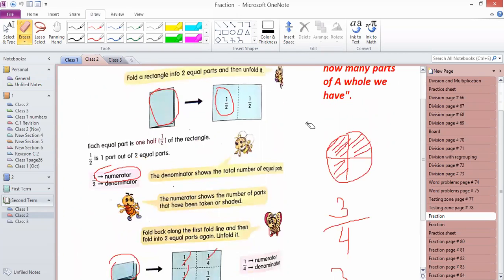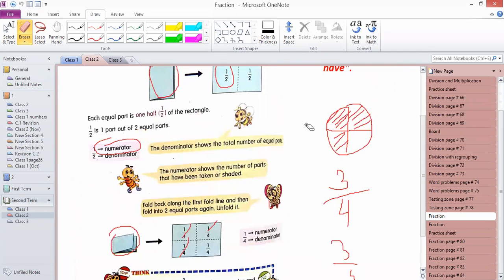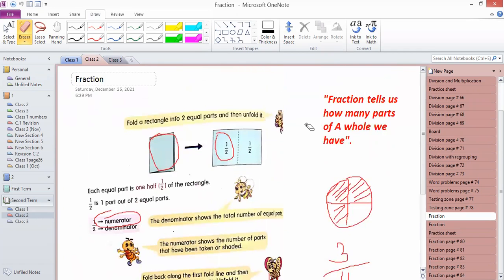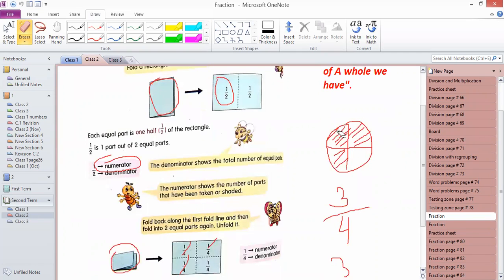In fraction, we have studied that when we divide anything into equal parts, each portion of that equal part is one of our fraction. So fraction tells us how many parts of a whole we have. If you divide, let's suppose, a circle into 4 parts and 3 parts are colored, we can say that out of 4, 3 parts are colored.